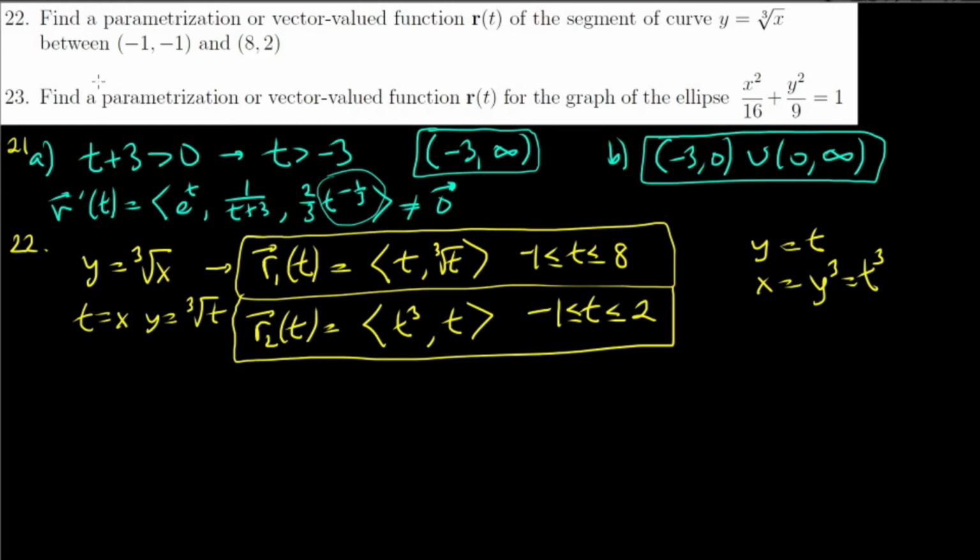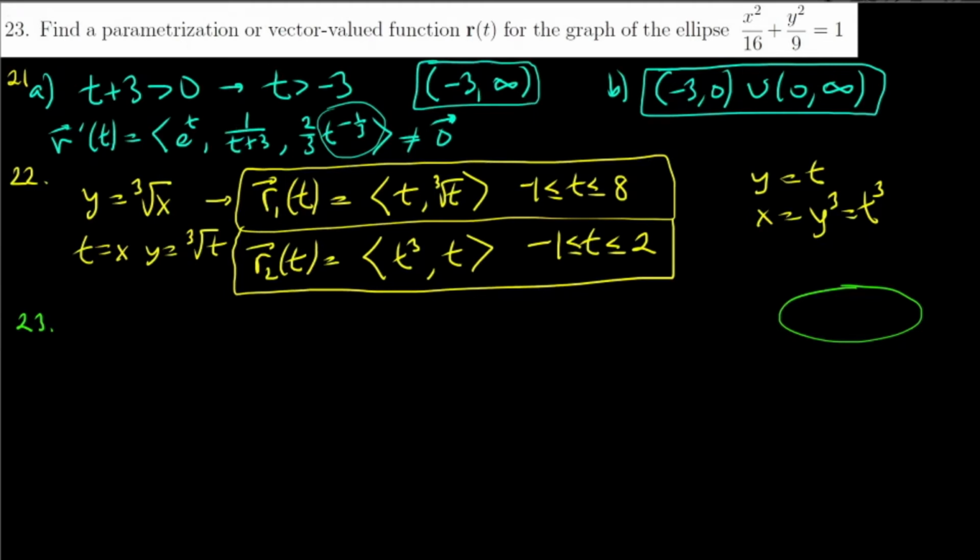And then finally, 23, find a parameterization of the vector valued function for the graph of the ellipse. Well, an ellipse is almost like a circle, so you're going to have sines and cosines, presumably. Another way to write the equation of the ellipse is x over 4 squared plus y over 3 squared equals 1.